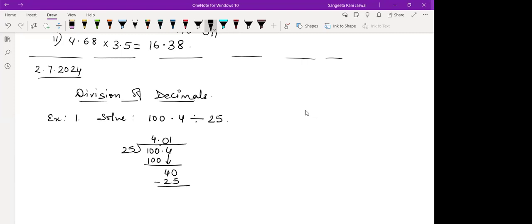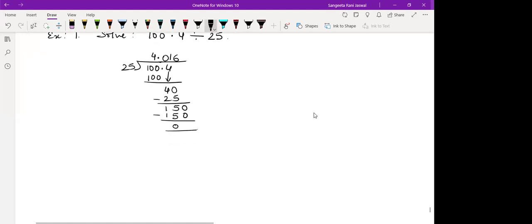What do you get after this? 15. Then we take down a 0. Then 25 with 6 is 30, 150. This will go with 6. So this is what we get. You understood this? This is a simple division. Only thing is when we came across a decimal point, we simultaneously put a decimal point in the quotient also. So dividing with a whole number is easy.